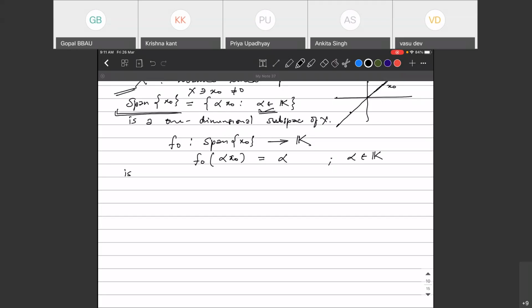And in fact, f naught is linear and bounded.